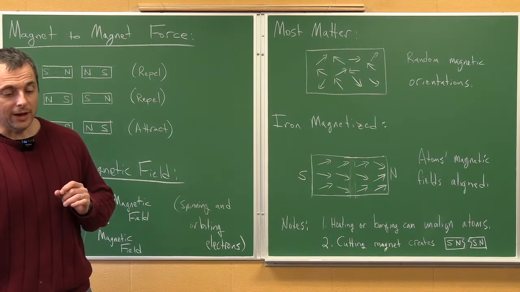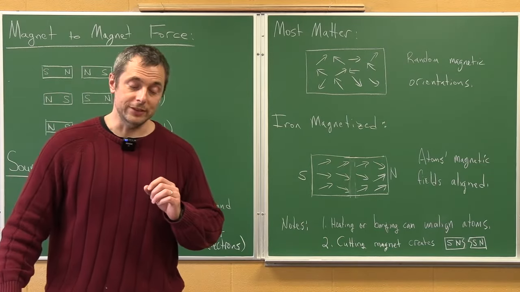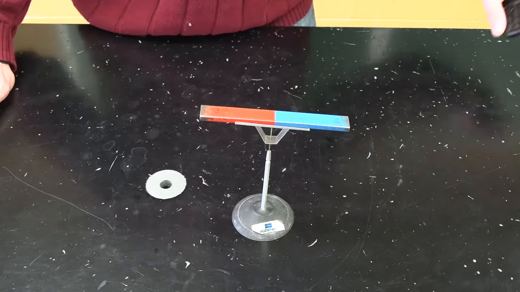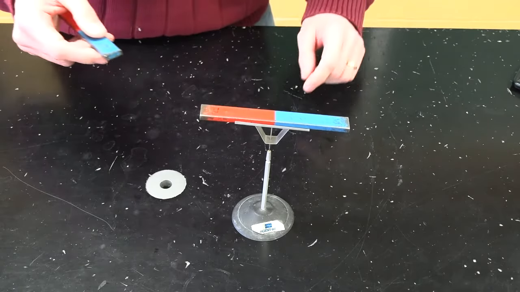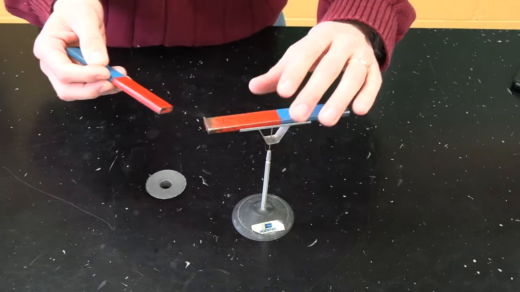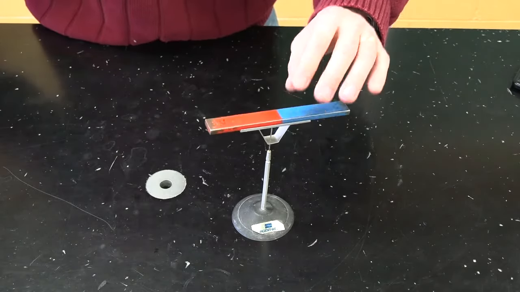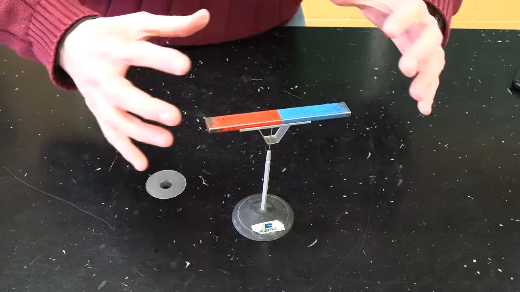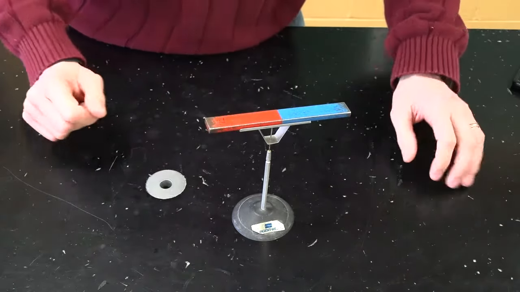Okay, so next thing I'm going to talk about is diagramming the magnetic field around magnets. As you already saw, opposite poles attract, right? And like poles repel. Now we could take advantage of that property to map what we call the magnetic field around a bar magnet.